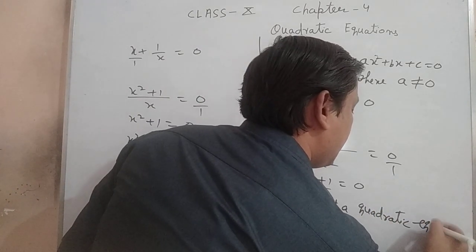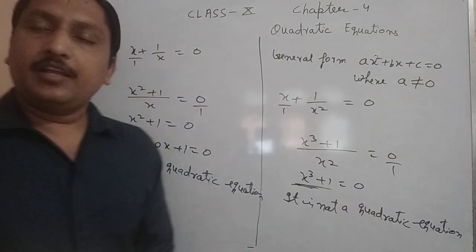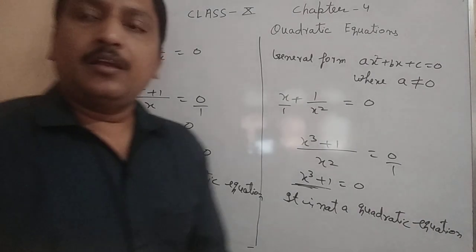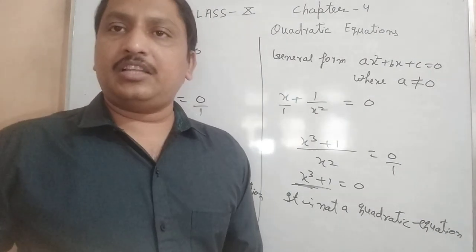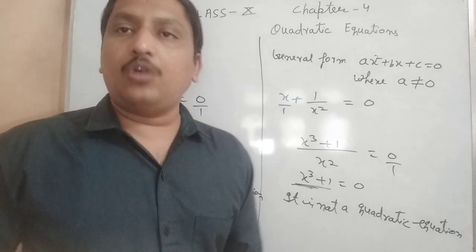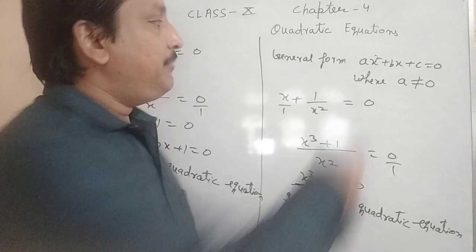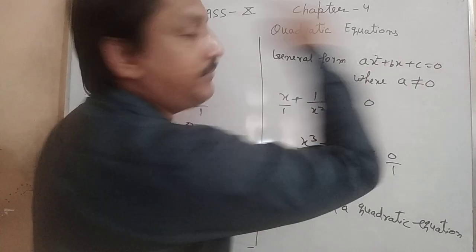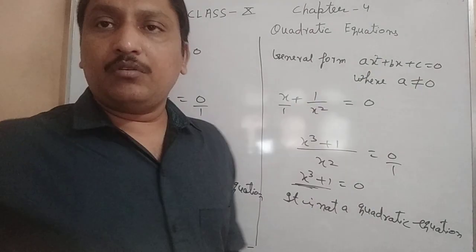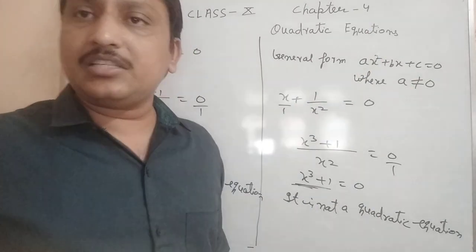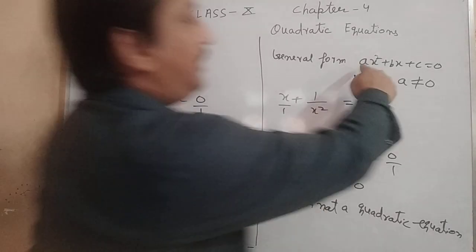Similarly, if equations are given and we have to check whether the given equation is quadratic or not, we first simplify it and compare with the standard form. If it is in the standard form, it is quadratic, otherwise it is not. Clear?